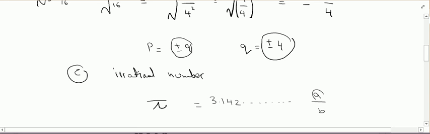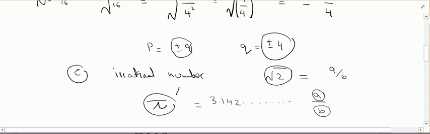You cannot write it as a fraction of one integer over another. Likewise, under root of 2, if you calculate under root of 2 on your calculator, it will be a running decimal number. You cannot write it as a fraction of a over b. So under root of 2 or pi is an example of what? Is an example of an irrational number.